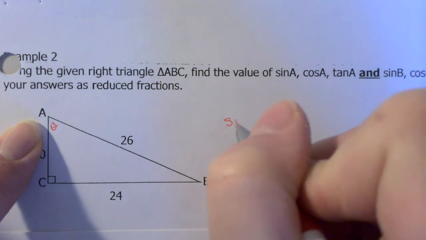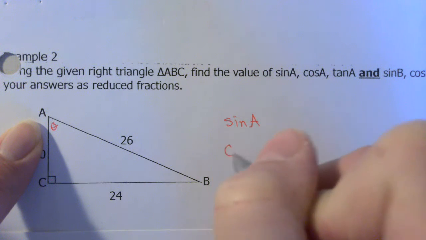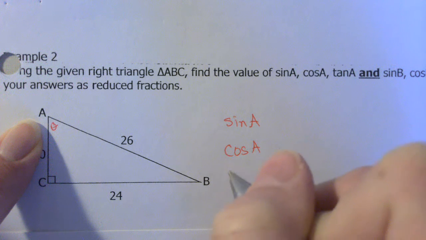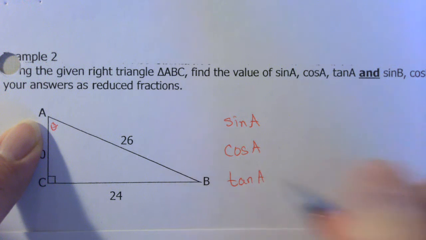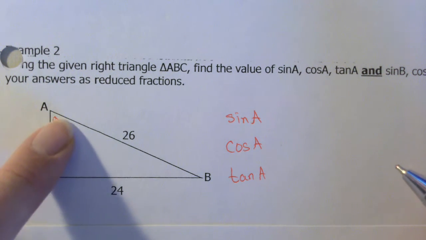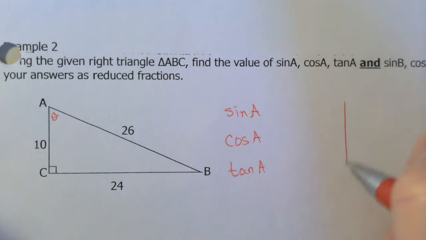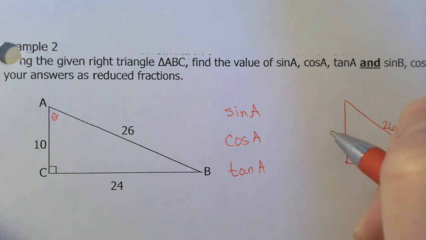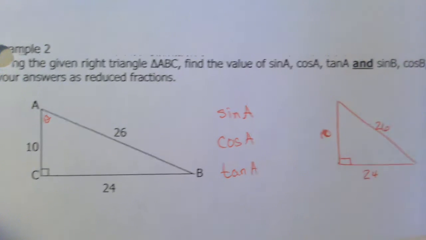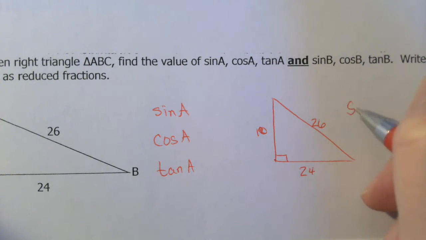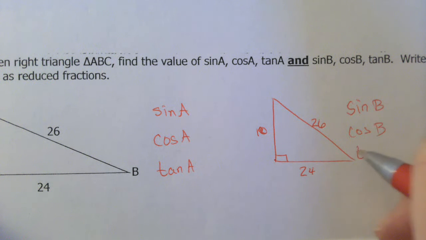So I want to find the value of sine A, cosine A, and tangent A. Then I'm going to switch gears and ignore this and focus on B. So I think I'm going to redraw my triangle real quick. Doesn't look the exact same, but that's okay. And then I'm going to refocus on the sine of B, cosine of B, and tangent of B.